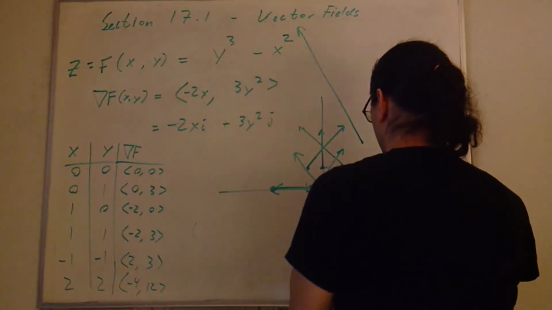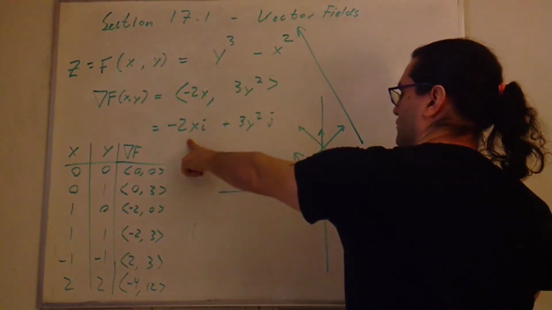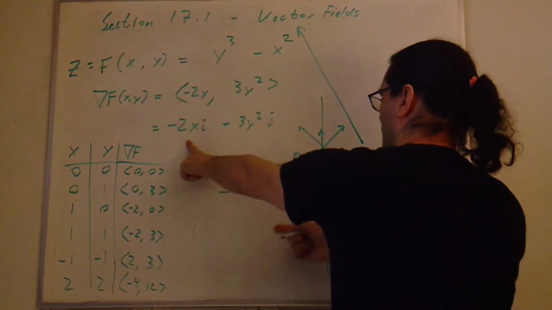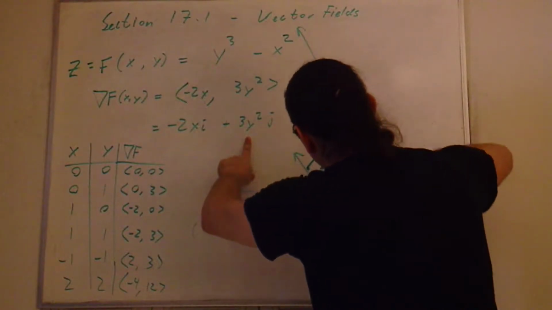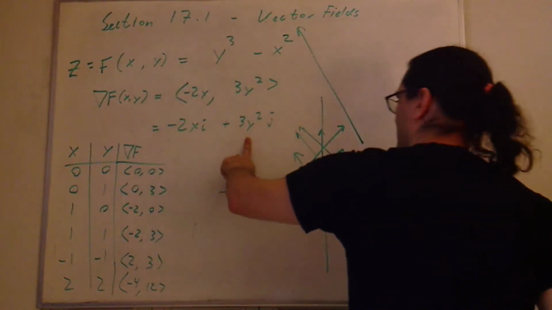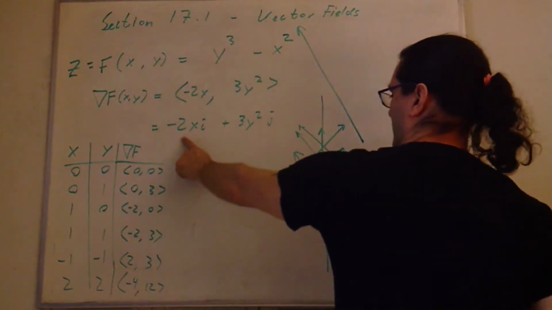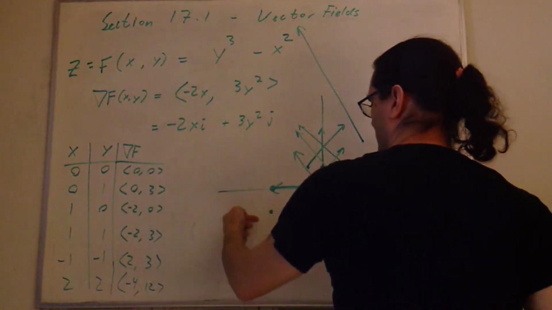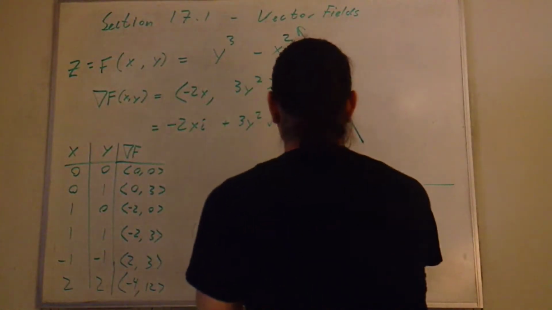If we go positive 2, negative 1, we should have a vector that's pointing 4 backwards and 3 up. If we go out to here, we should have a vector that's pointing 4 to the right and still 3 up.